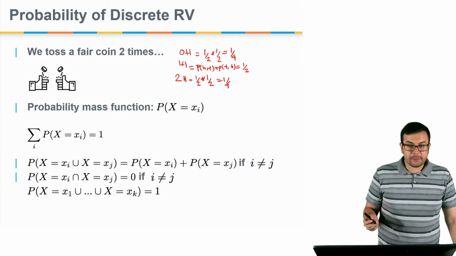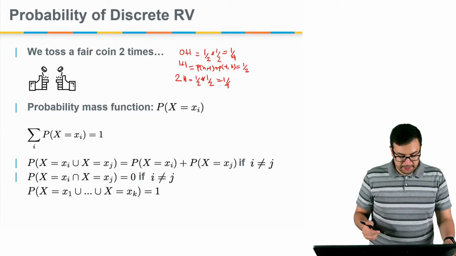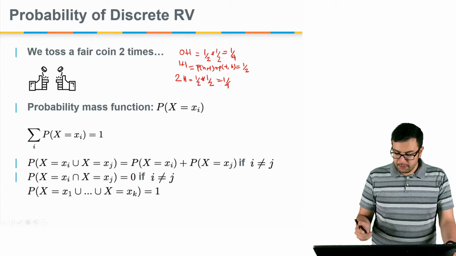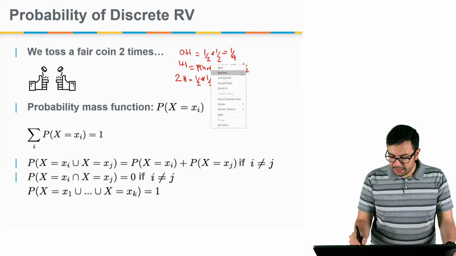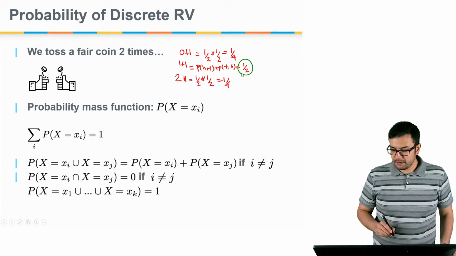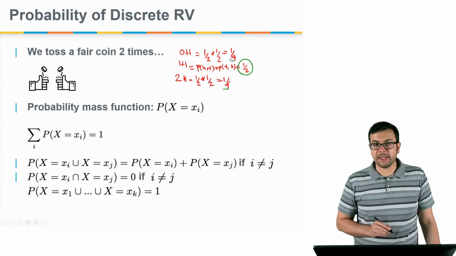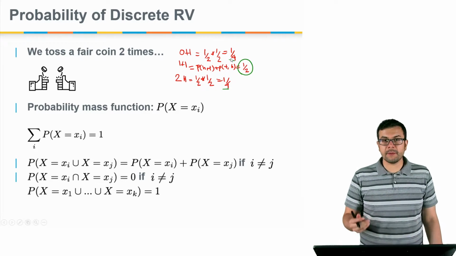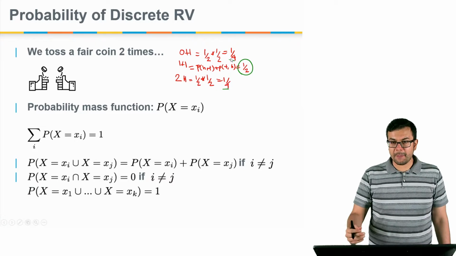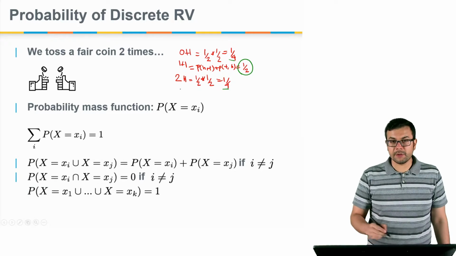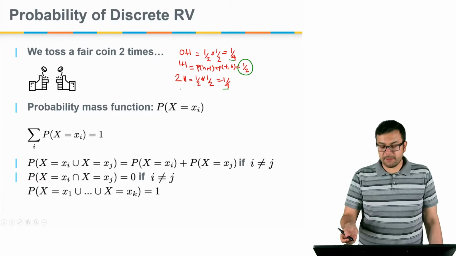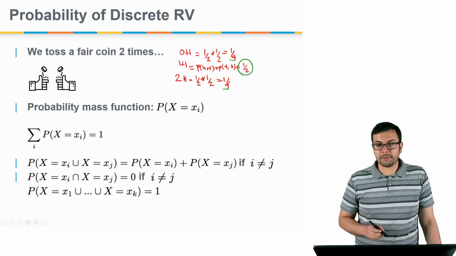So it is most probable that we get 1 head over 2 heads or 0 heads. If you look at the probability of 1 head and compare it separately with 0 heads and 2 heads, it is obvious that we will see 1 head most probably.